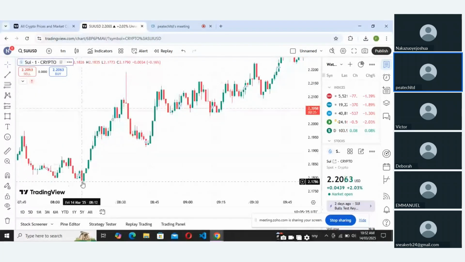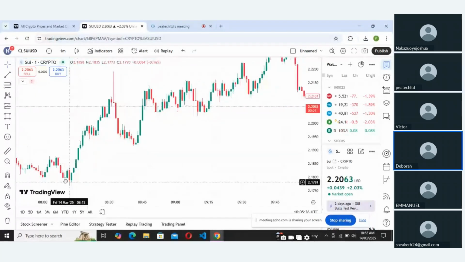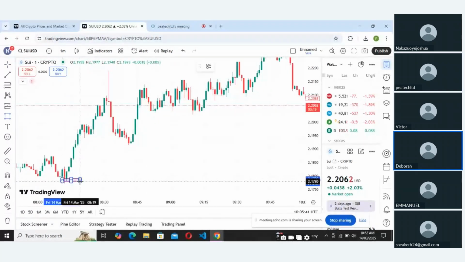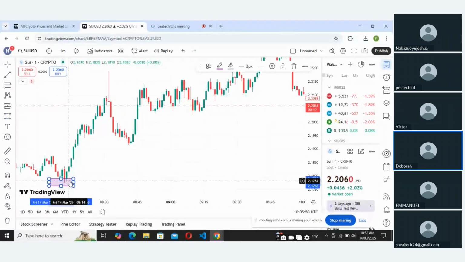I said from here that this is like a support at this point. When the market goes to this point, this is like a support.